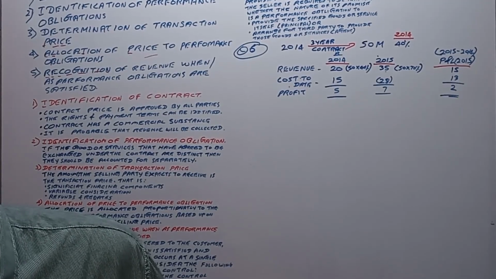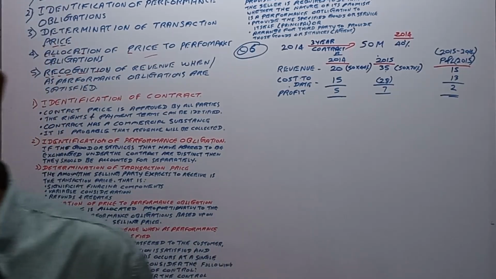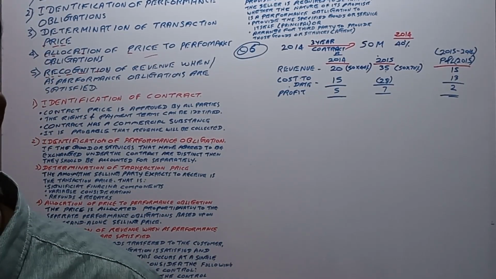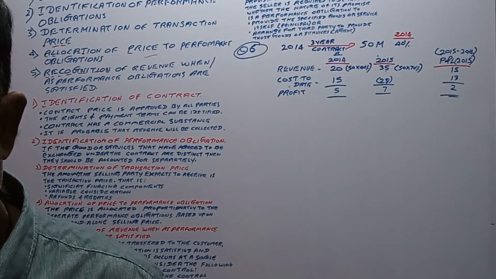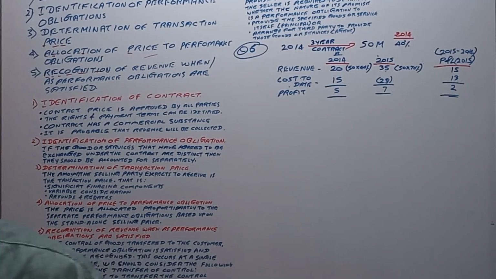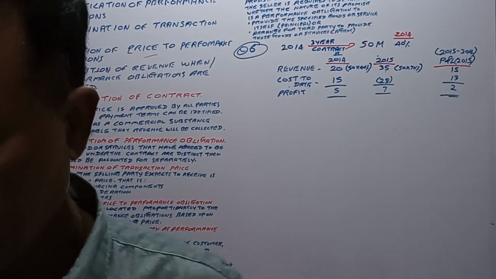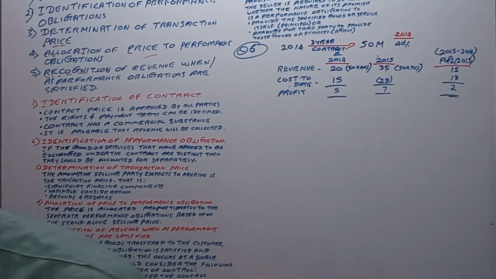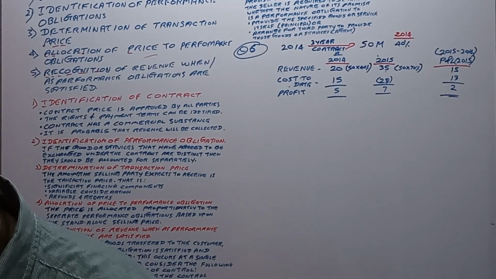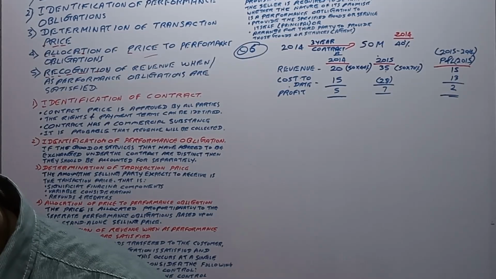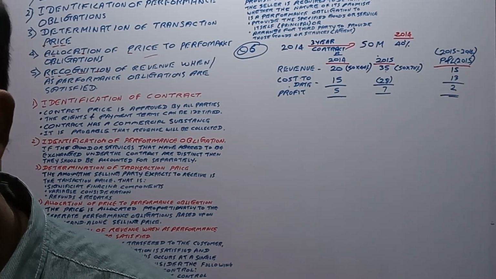Question number 7 is example number 7, performance obligations over time. Umesh commenced a 3-year contract during the year ended 31st December 2014 at a contract price of 50 million.